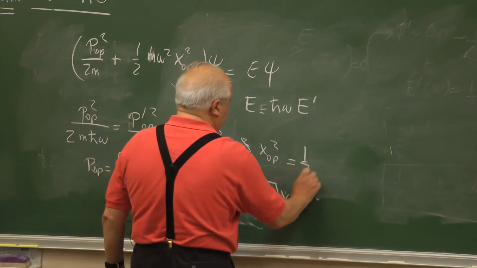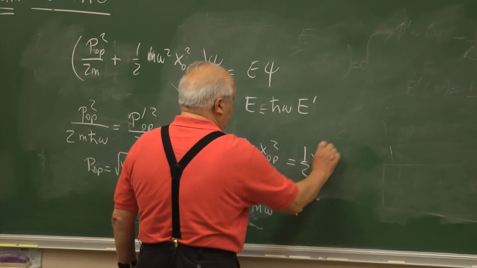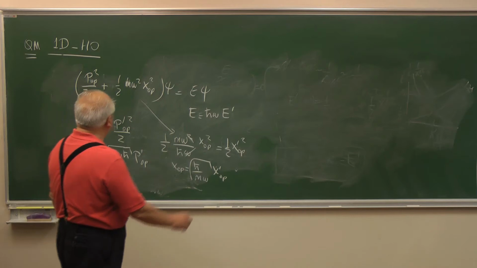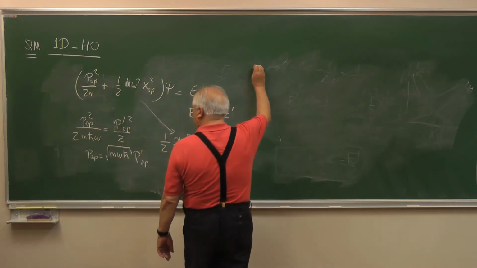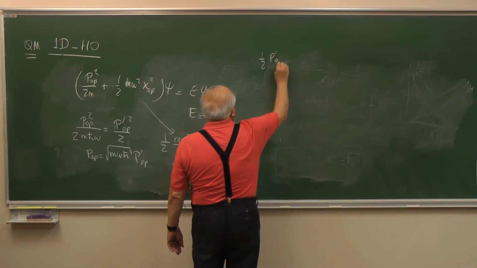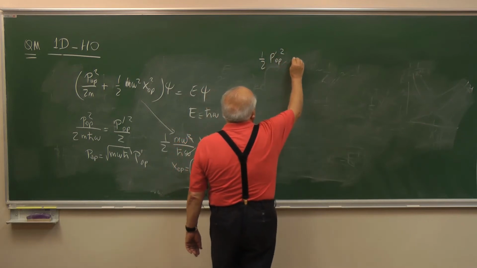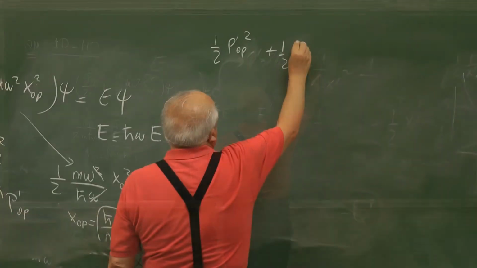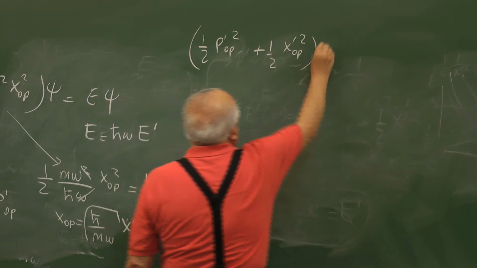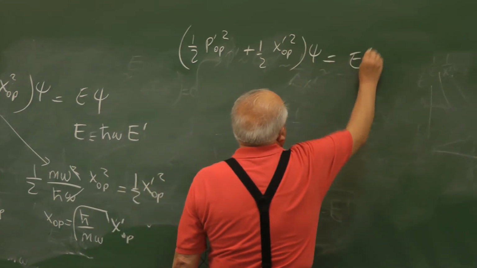So it will have 1/2 x prime operator squared. So the Schrodinger equation will assume the form 1/2 P prime operator squared plus 1/2 x prime operator squared, psi equals E prime psi.